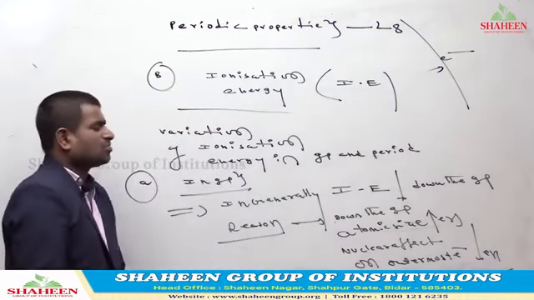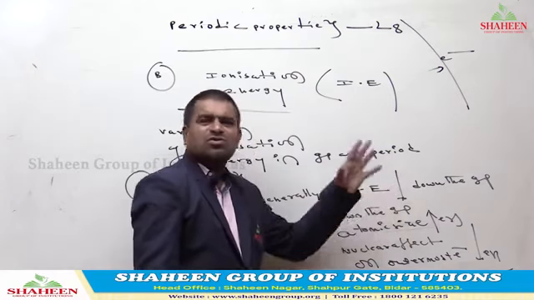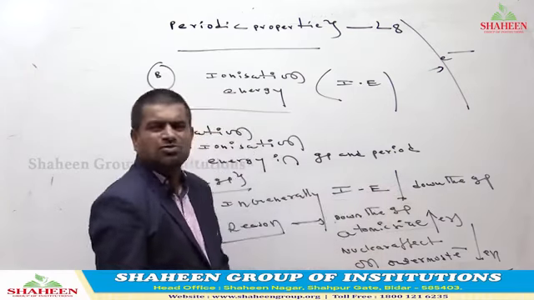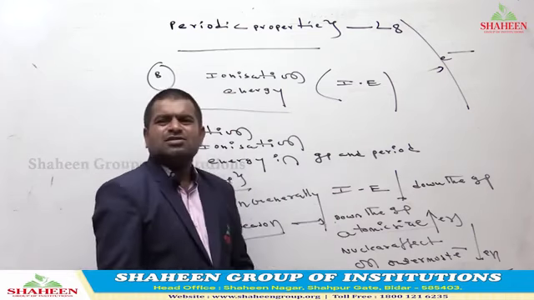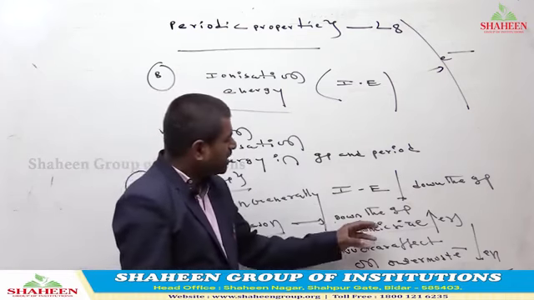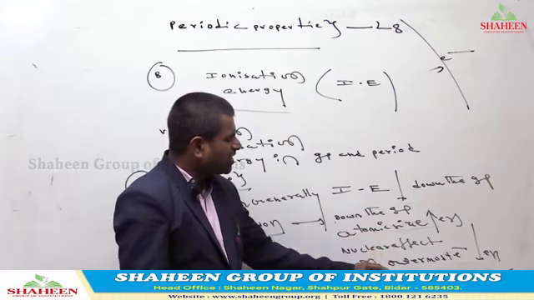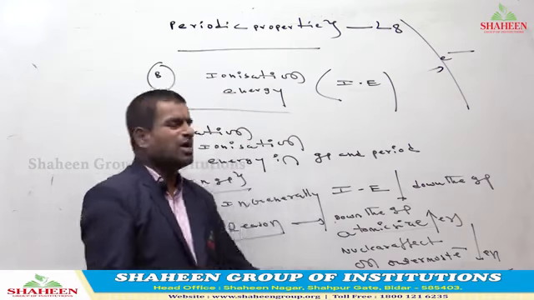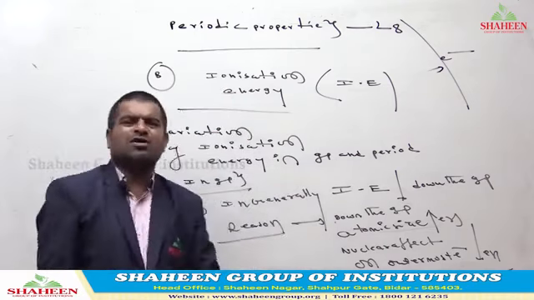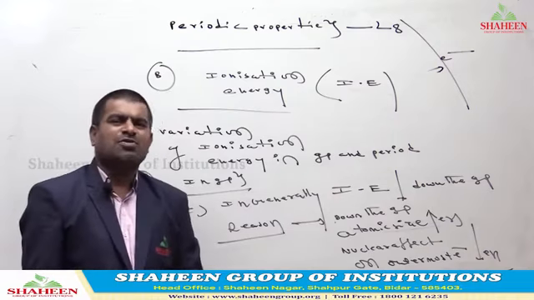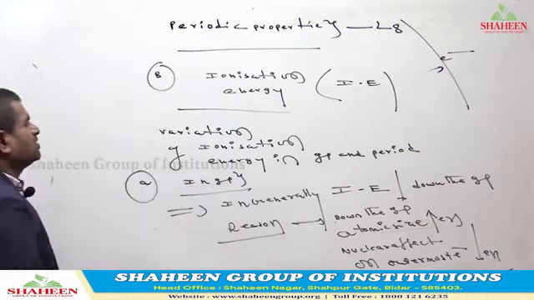Remember students, generally ionization energy decreases down the group. Those important points you have to remember. The energy required for removal of an electron from the outermost orbital of an atom is very easy, that is why ionization energy decreases down the group.